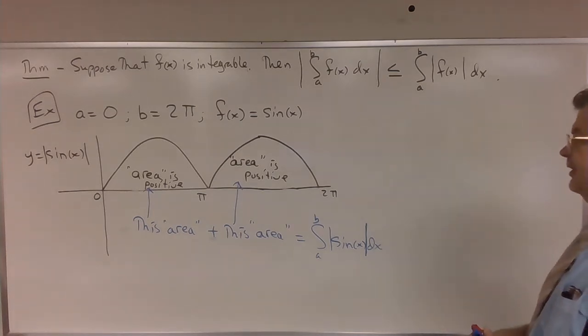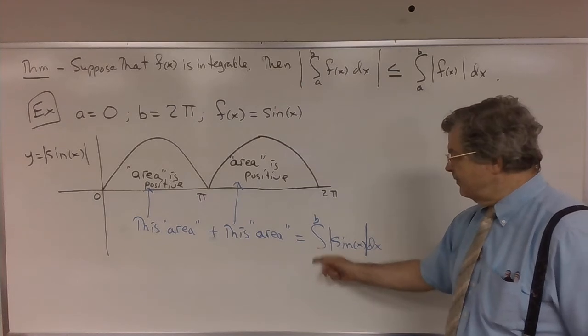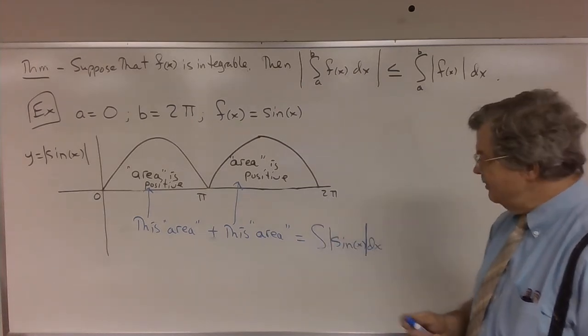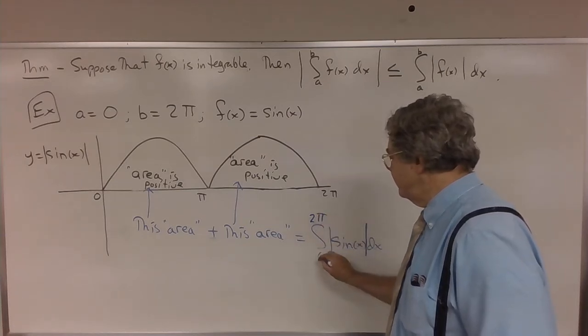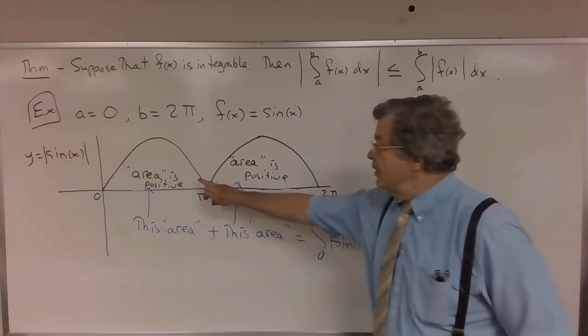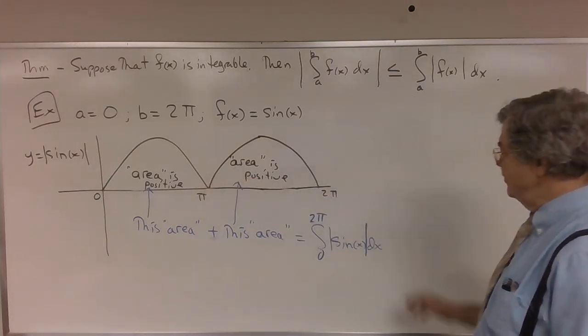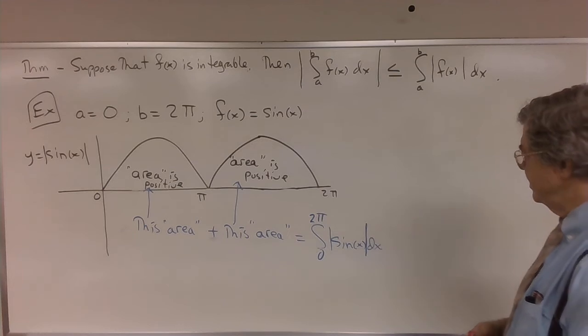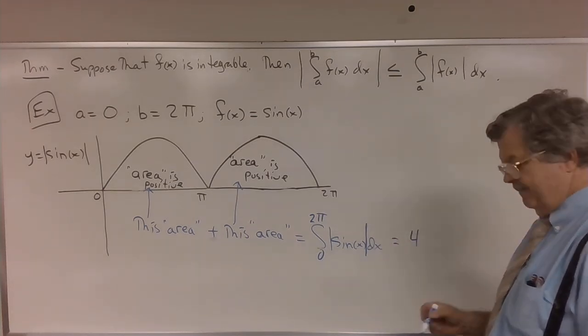And so in this case, when we integrate the absolute value of sine of x from 0 to 2 pi, we have a positive area here, a positive area there. We add them together, and we get 4.